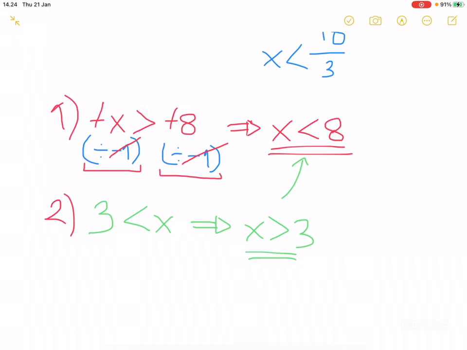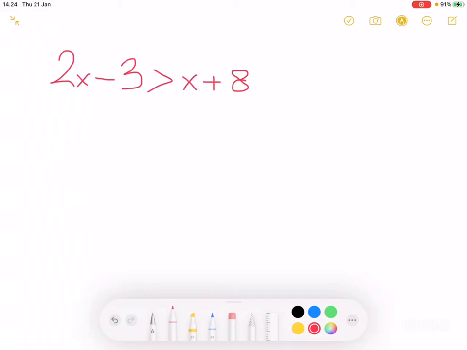Let's jump into an example. Here we have 2x minus 3 is greater than x plus 8. You can isolate the x by subtracting x from both sides. These cancel, leaving us with 2x minus x, which is just positive x, minus 3 is greater than 8.